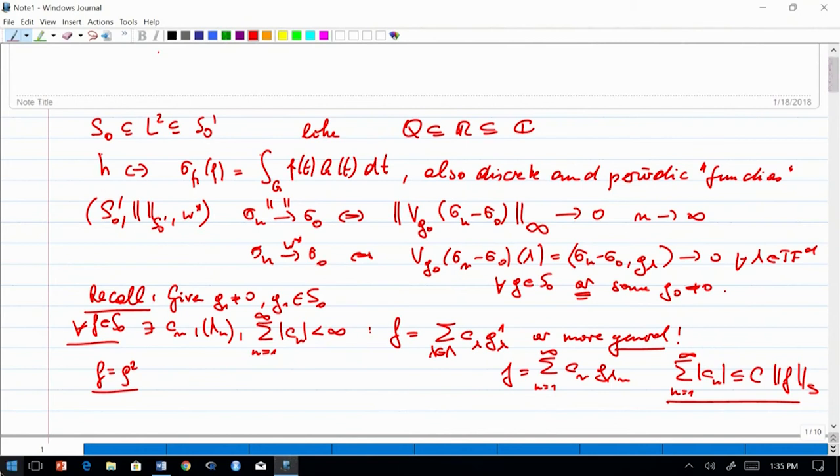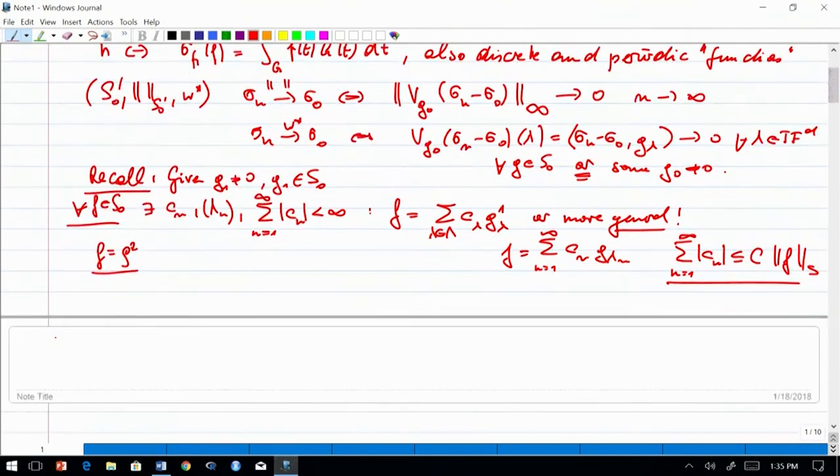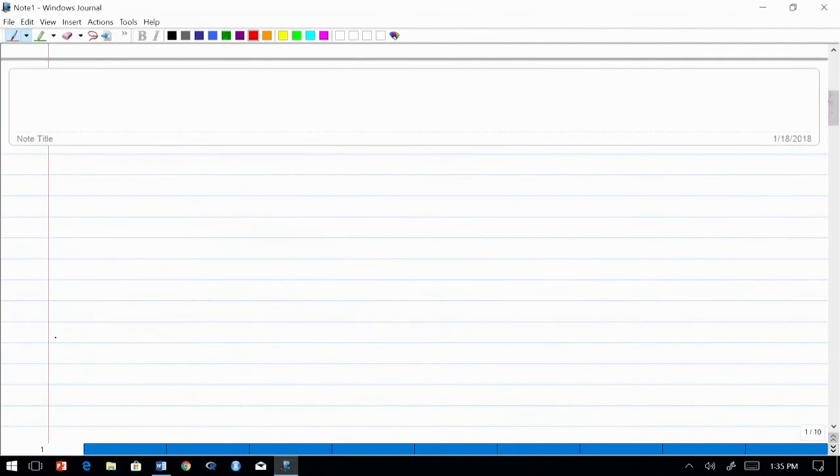Now, so we have seen that in this spirit, for this S0 prime space, the test functions are dense, and recall that S0 is weak star dense in S0 prime. And you could say I could do this also via a Wilson basis. That was one Wilson basis.